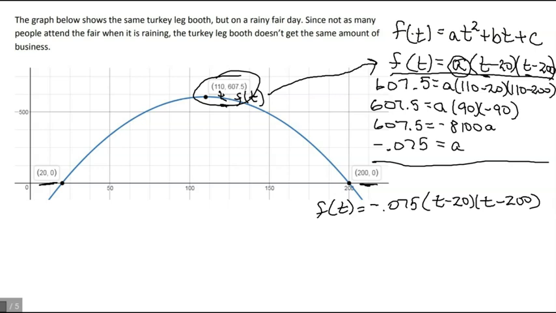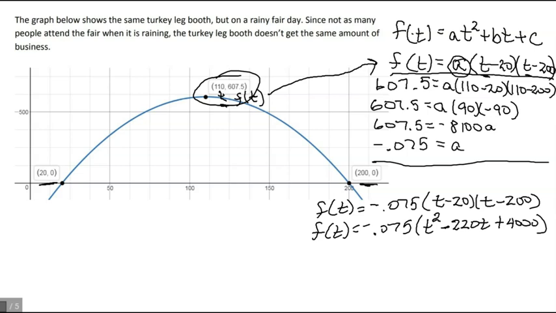And now when I use the distributive property to change this from the factored form to the standard form, I have f of t equals negative 0.075 times t squared. I'm distributing the t to the t and the t to the negative 200, and then the negative 20 to the t and the negative 20 to the negative 200. And so I end up with t squared minus 220t plus 4,000.